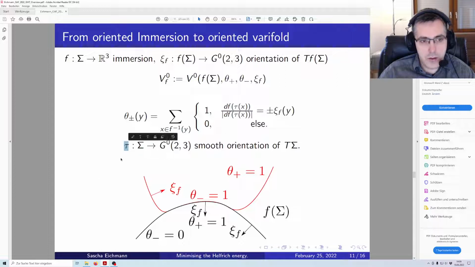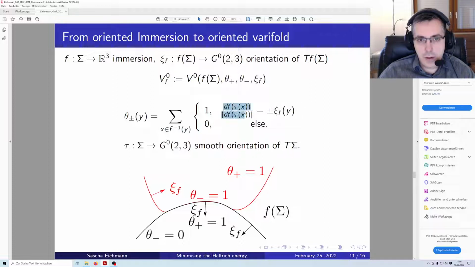And we take this tau here, which is the orientation of this manifold. And then the immersion F transports this orientation to another orientation of the tangential space over here, which is given like this.